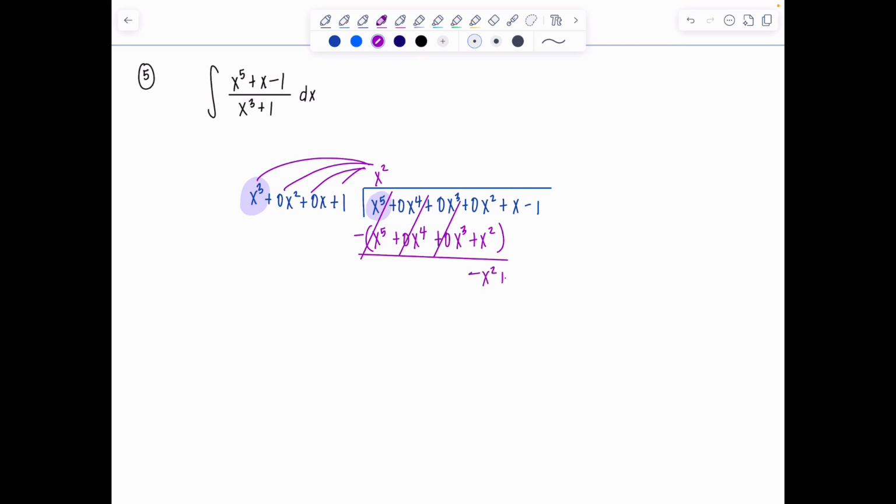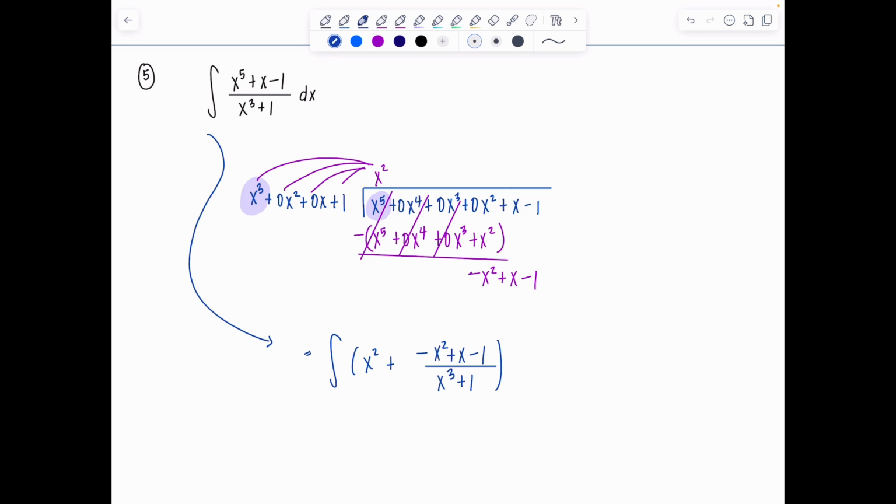Negative x squared plus x minus 1. Can I keep dividing? No. This is degree 3, this is only degree 2, so we're done. Okay, so now we have x squared plus my remainder, negative x squared plus x minus 1 over x cubed plus 1 dx.